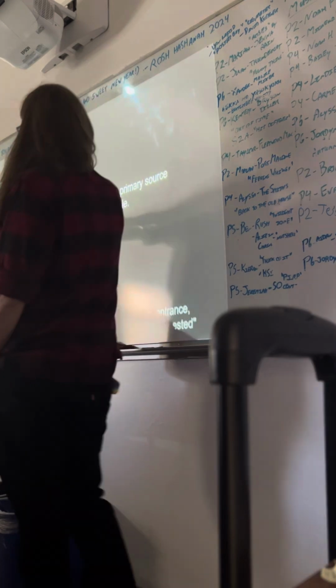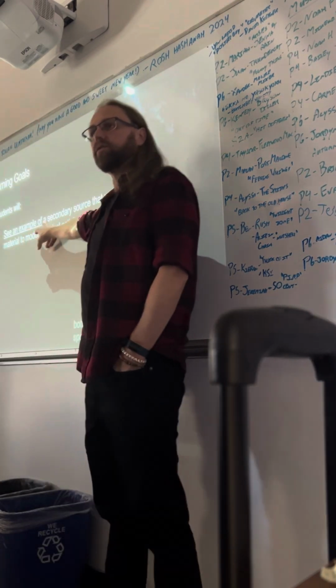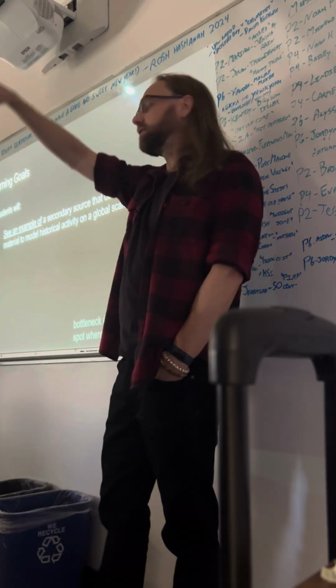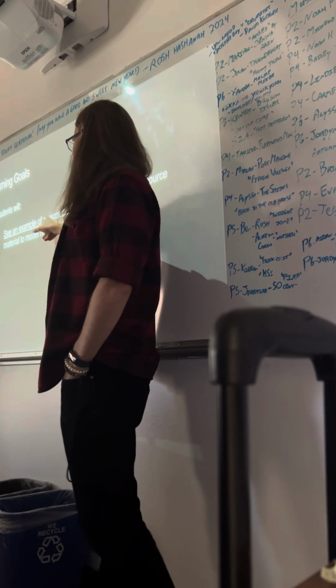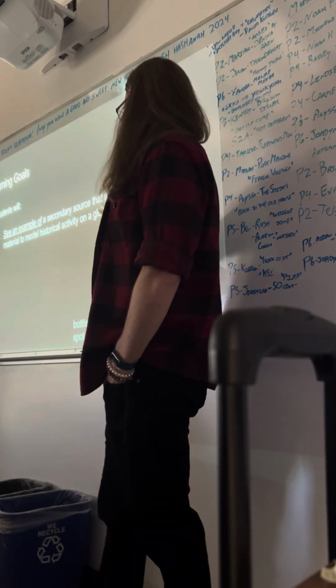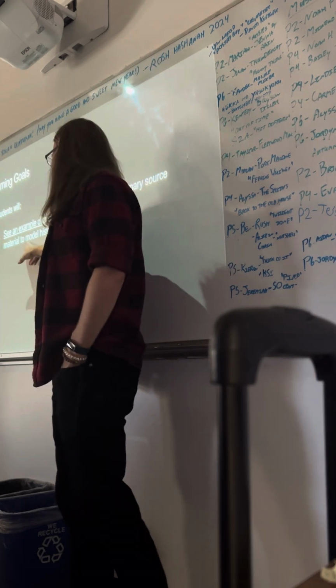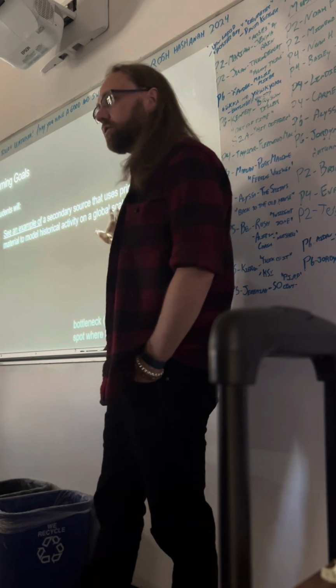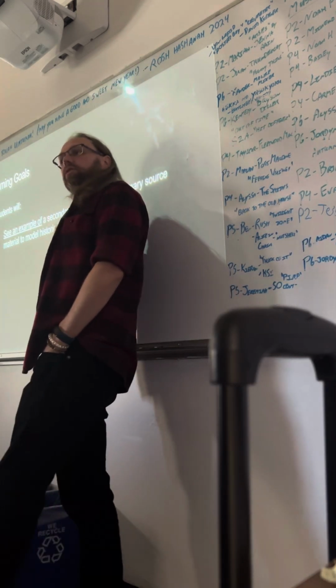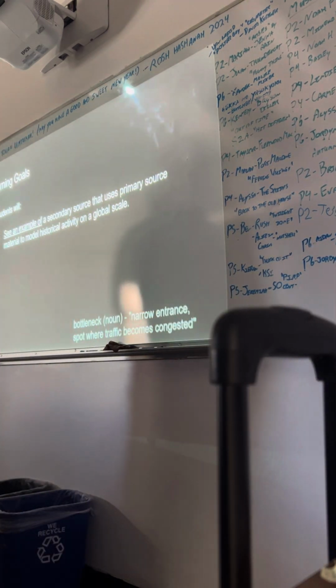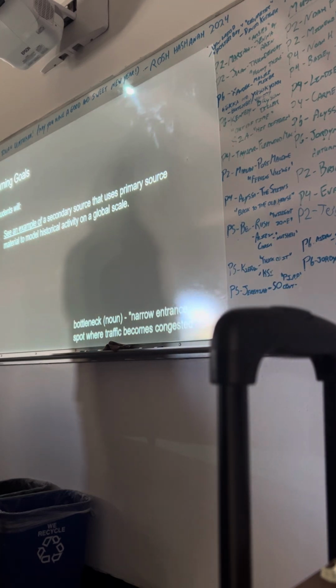You're going to see an example. Folks, let me get your attention in the back, please. Today you're going to see an example of a secondary source that uses primary source material to model historical activity on a global scale. A couple of these words. A primary source is something that is hundreds of years old, from the era.